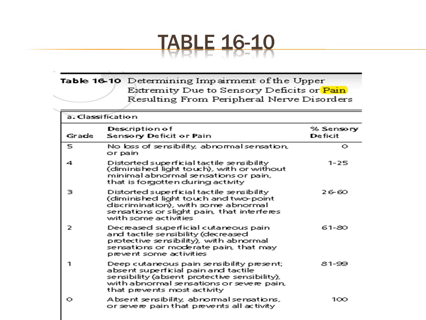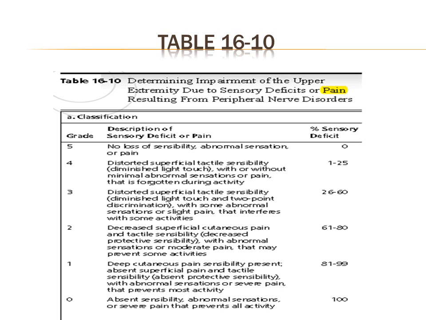A grading of 5 describes no loss of sensibility, no abnormal sensation, and no pain. That's basically a normal person, who is coming in and really is not describing any subjective complaints. They have normal sensory function of the peripheral nerve, and so they do not qualify for any permanent impairment.